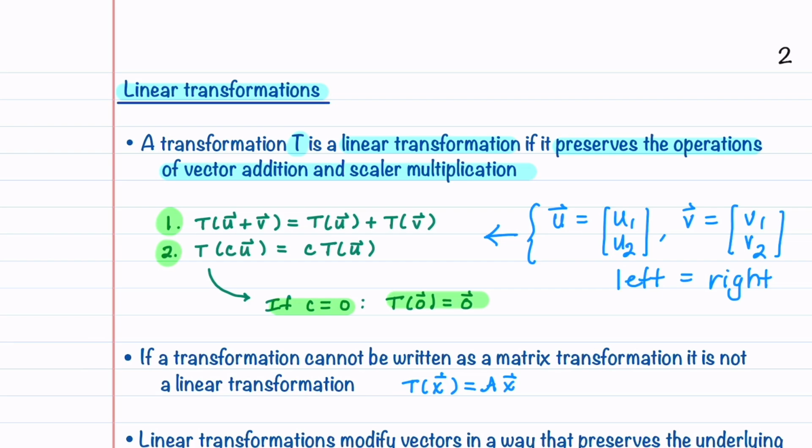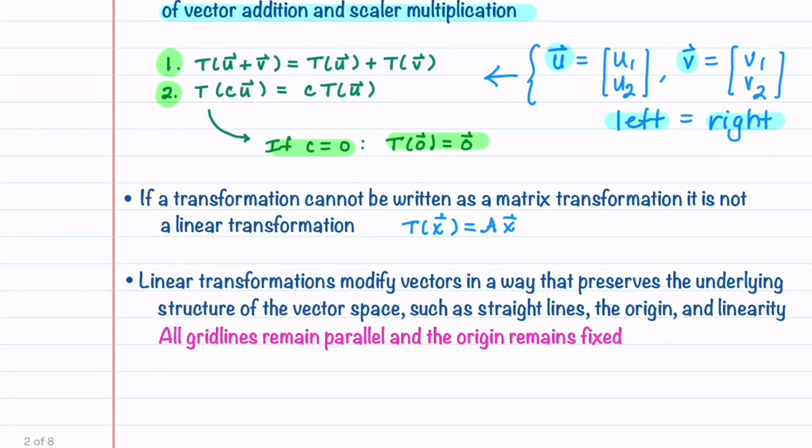To see if a transformation is a linear transformation, all you need to do is let u be equal to u1, u2 if you're in R2, and then let v be v1 and v2, and then substitute these back into properties 1 and 2, and then see if the left-hand side is equal to the right-hand side. I want to point out that if a transformation cannot be written as a matrix transformation, then it is not a linear transformation.